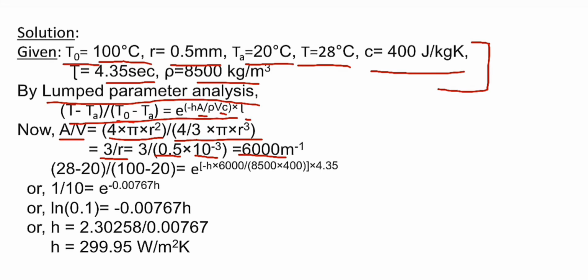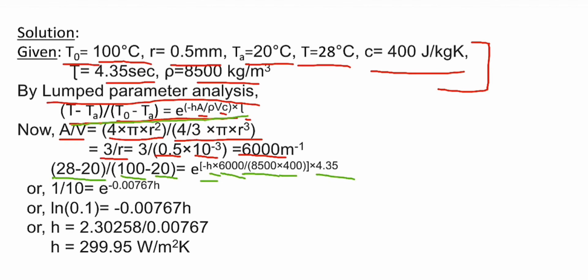Now to find the value of h, we put all the known values in this equation. T is 28, T ambient is 20, and T naught is 100, T ambient is 20, is equal to e to the power minus h, A by V is 6000, rho is 8500, the specific heat of the metal bead is 400, and tau, that is the time constant, is 4.35.